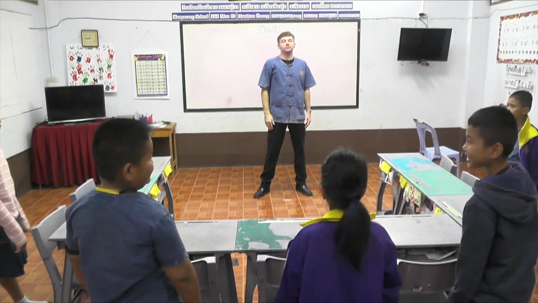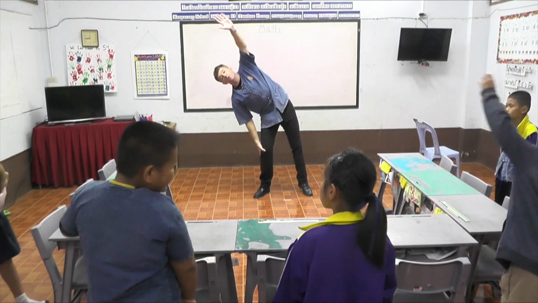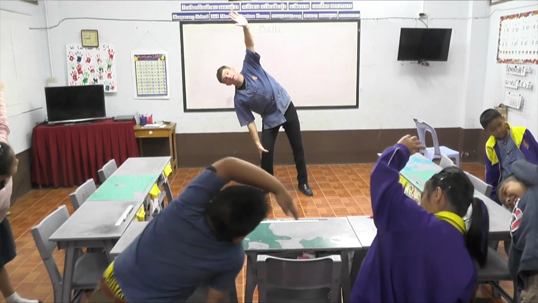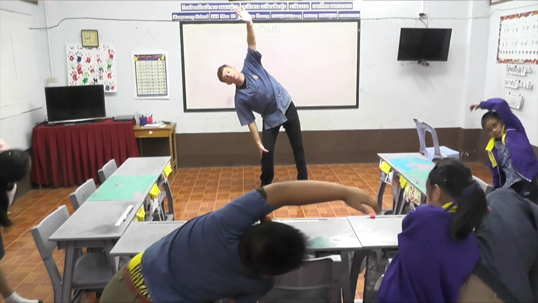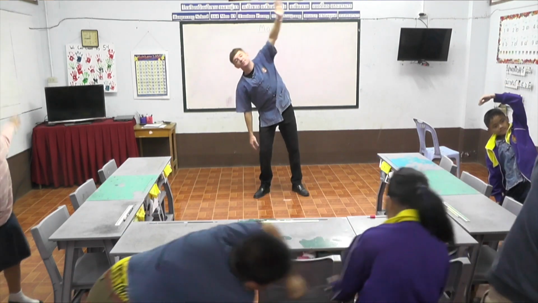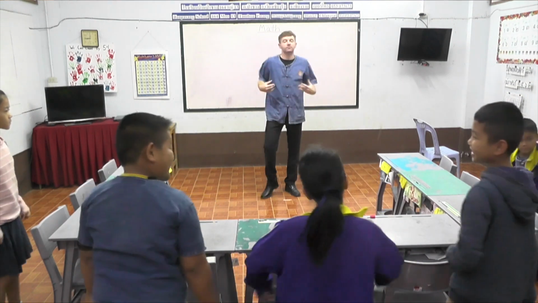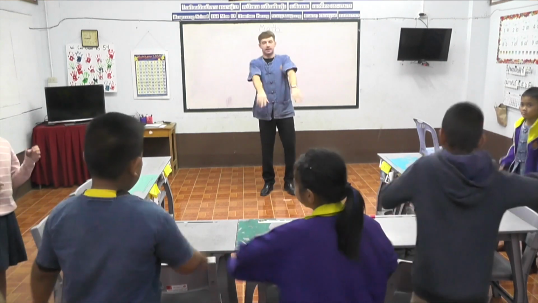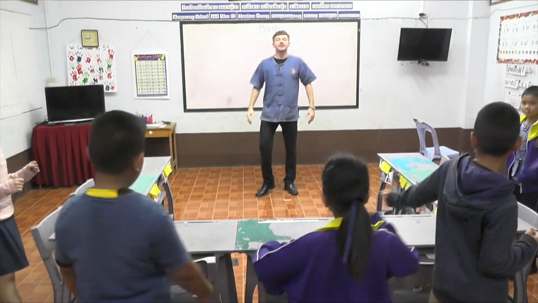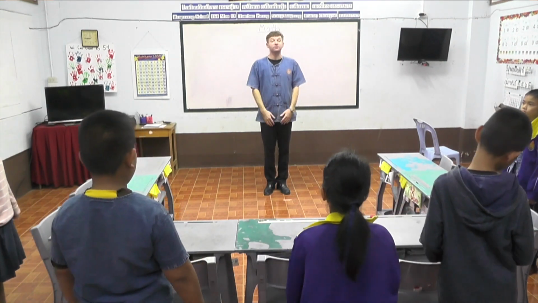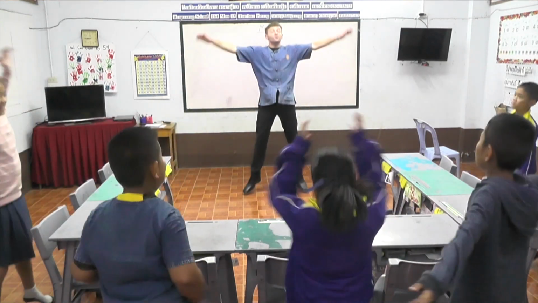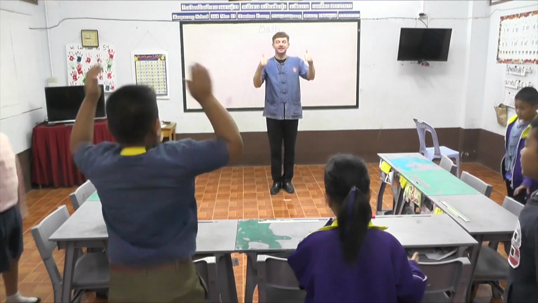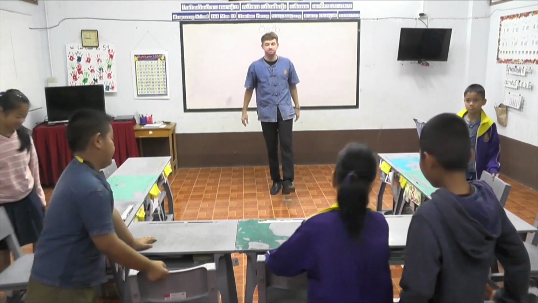And now let's do 5 stretches to our right. 1, 2, 3, 4, 5. Excellent. And now let's shake it out. Shake it out. Shake it out. And to finish, we'll do 5 star jumps. 1, 2, 3, 4, 5. Excellent, guys. Have a seat.